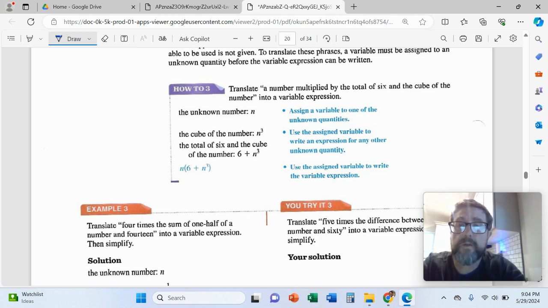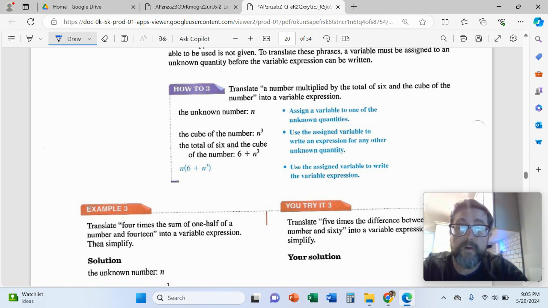Okay, translate a number multiplied by the total of 6 and the cube of the number into a variable expression. The unknown number is n, which they're just throwing in, and assign a variable to one of the unknown quantities. So it's just any variable, and they decided to use n. You might use y or x.